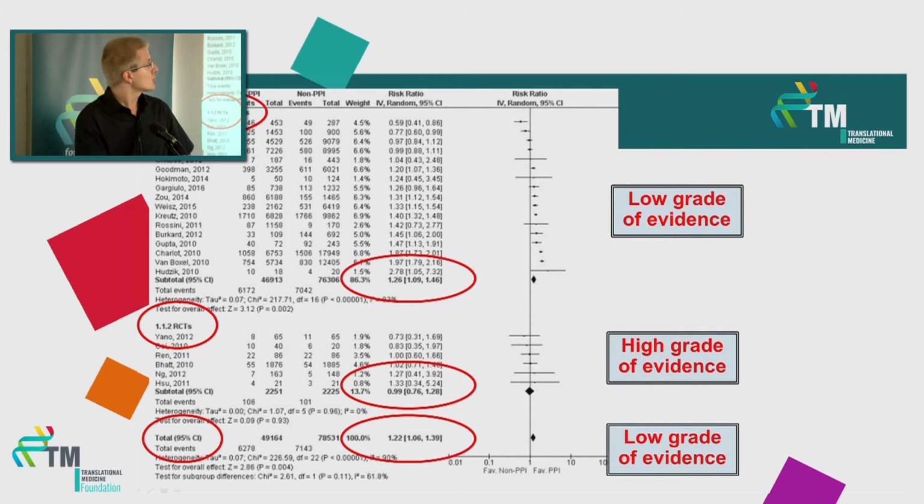However, due to the observational studies included, the grade of evidence will be low again. Which one is the truth? That's the typical question. Of course, the one of high grade of evidence, because here you only have randomized controlled studies. Of course, this suggests a neutral association. Here, the significant difference may be attributed to confounding factors, to baseline differences, for example, between groups.